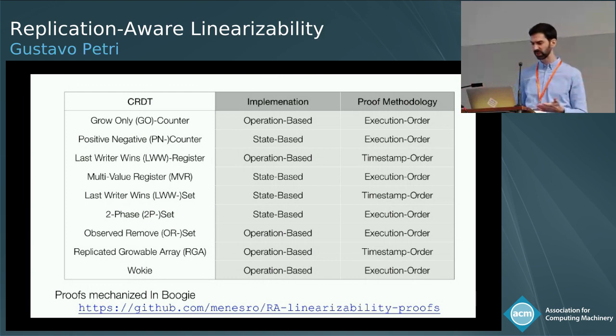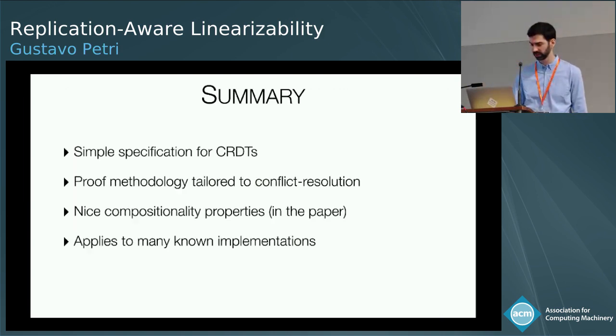There are differences between them. It doesn't really matter for this talk, but this is depicted in the middle column. Our proofs are formalized in the Boogie program verifier using a trick to show commutativity. And you can find them in this link at the bottom.